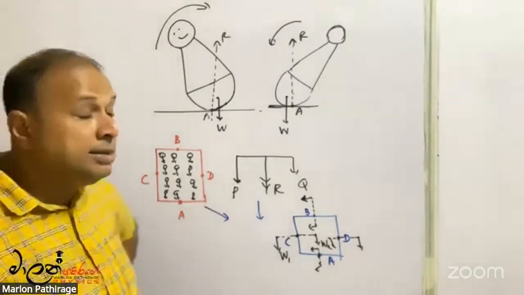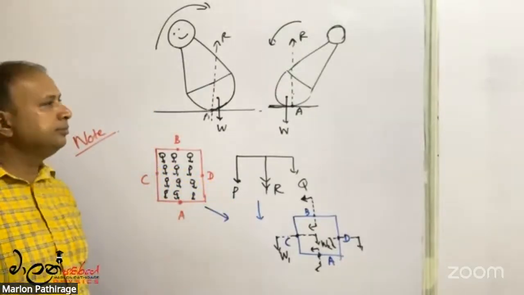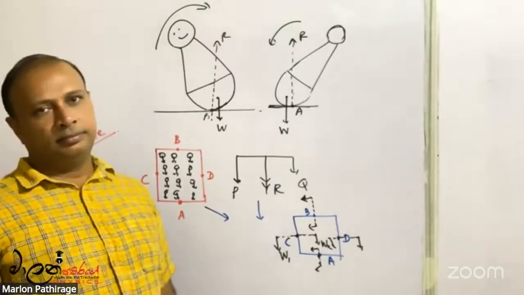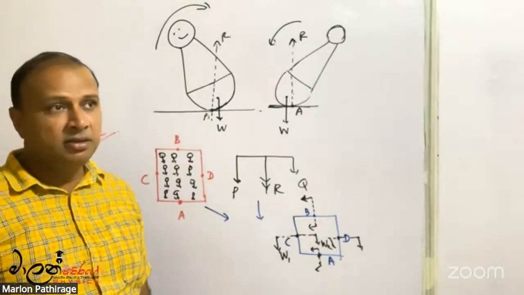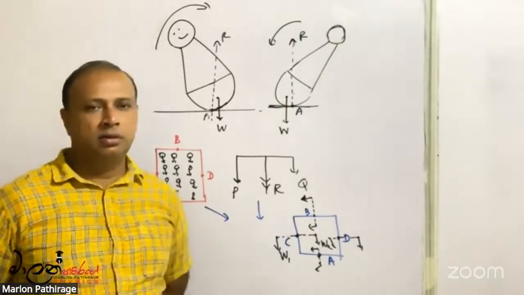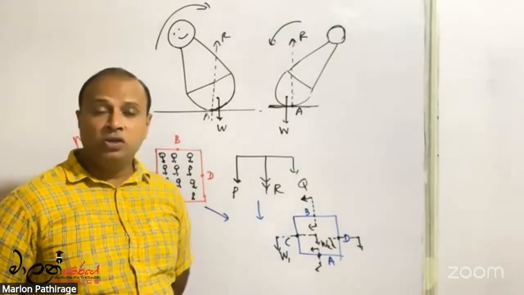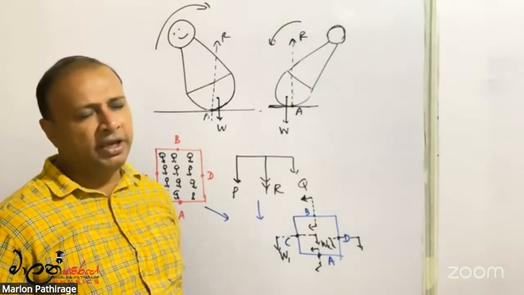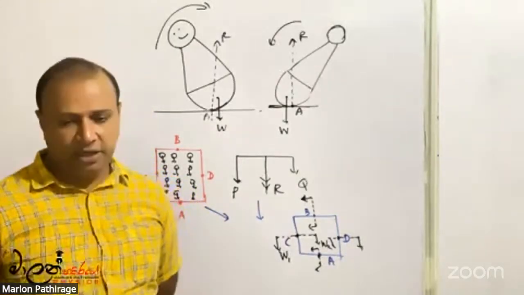Okay, write this one. The center of gravity cannot be located at any outer edge of an object.